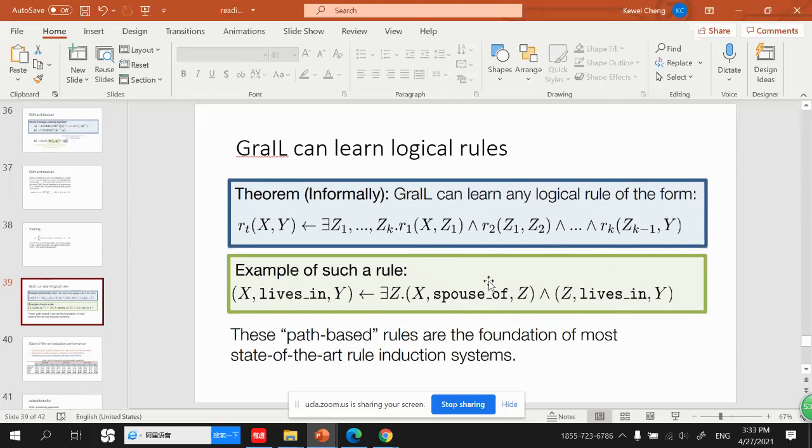For the chain-like logical rule, it corresponds to a path in the graph. By encoding all the possible path information in this graph, this model has the ability to distinguish and encode the path-related information, so it has the ability to learn logical rules.